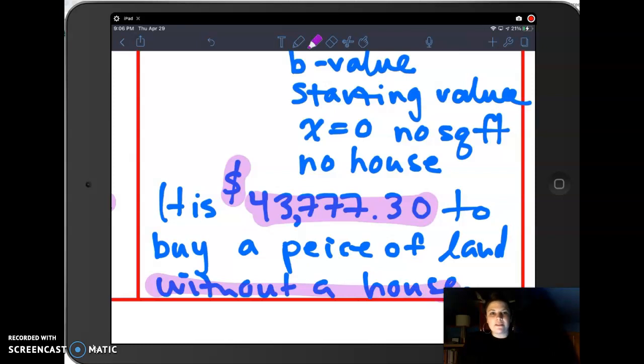But if you were to write something like 0 square feet, no square feet, or no house, that also would be okay. All right, I'm going to pause here. We have 2 more questions to do. We got this. So go ahead and pause if you need to write things down and meet me back here in just a second.